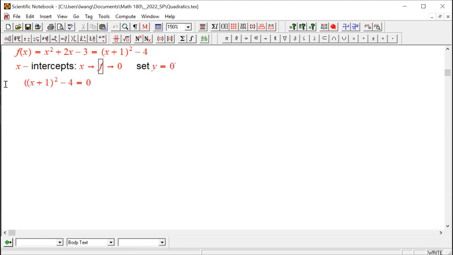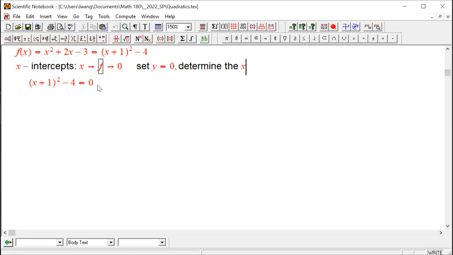So we know the output. I hope you make a connection to what we have done before. So we're setting y equals 0 to determine the x values, and we may have multiple solutions.